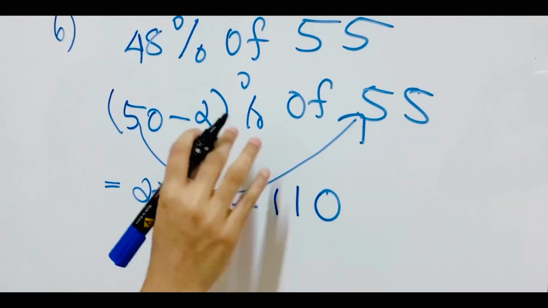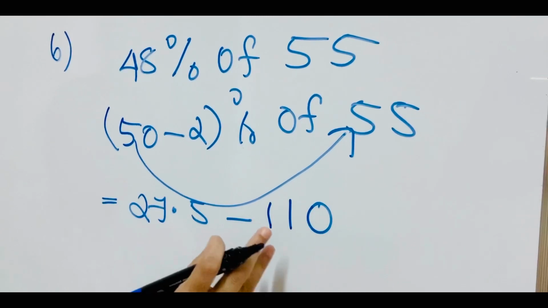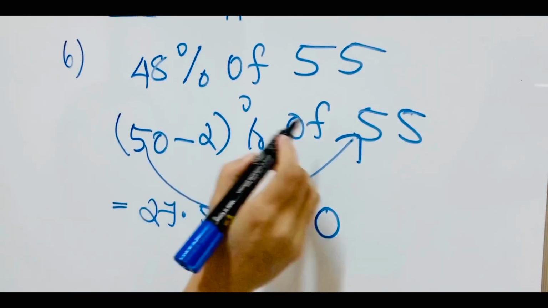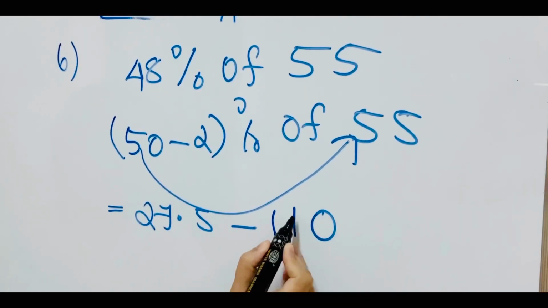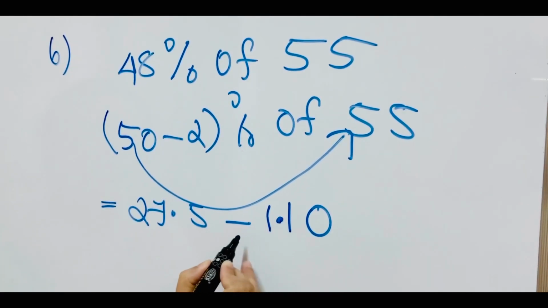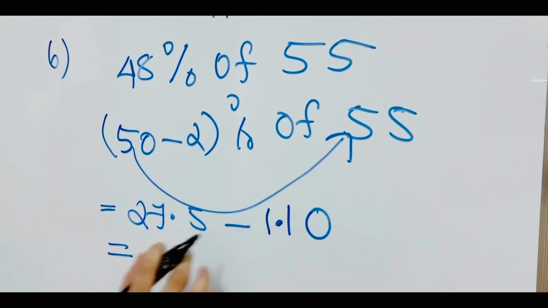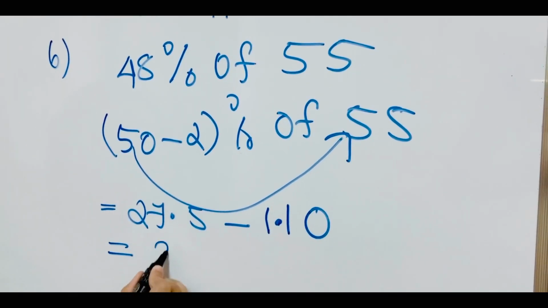But actually while finding the percentage we are dividing by 100, so we need 2 zeros. Here there is no zero, so we can just shift these two numbers and place a point here. Then on subtraction we will get the answer as 26.4.